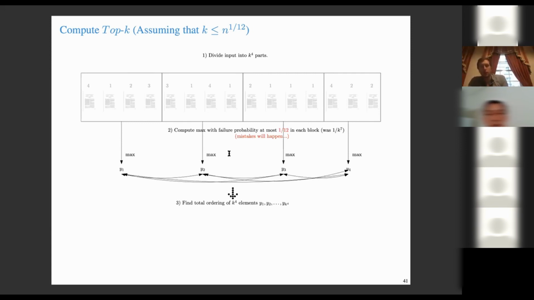We're just going to find k to the 4 papers for each of these buckets. And for most of them, it's going to be the correct paper of the stack. And so when we look for the top k papers among these remaining papers, we still have preserved most of, let's say, the top 5 papers.